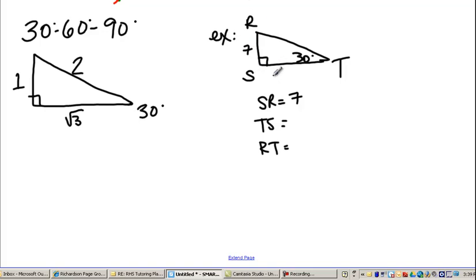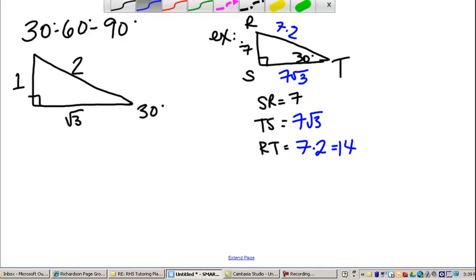Yes, we can. All you do is you're going to take 7 and you're going to multiply it by the square root of 3. So it is just 7 square roots of 3. Okay? And for RT, we just multiply it by 2. So RT is 14.